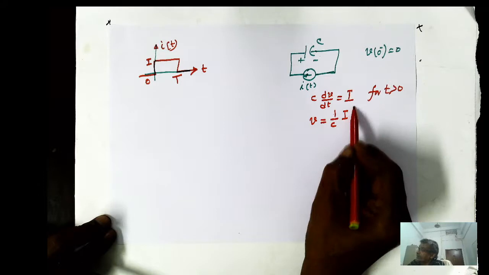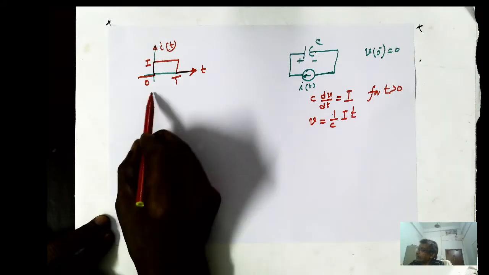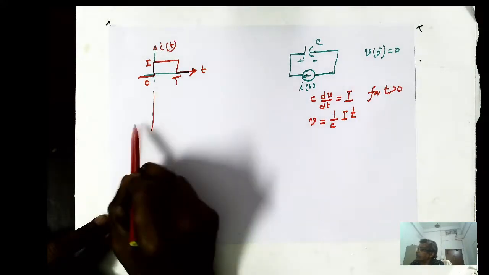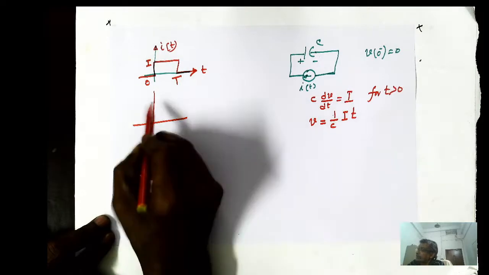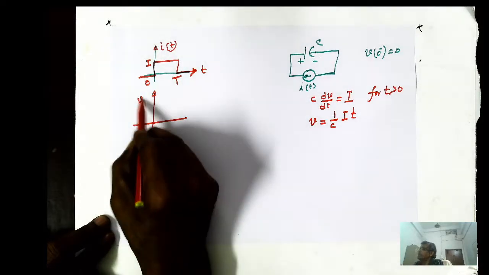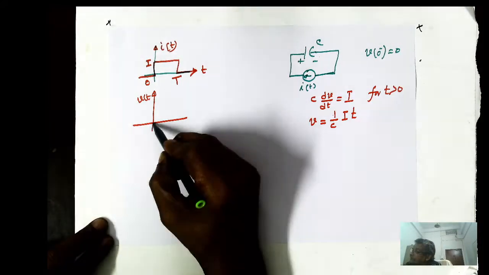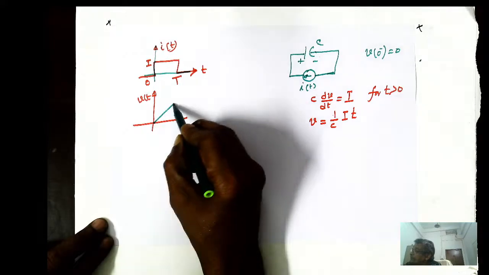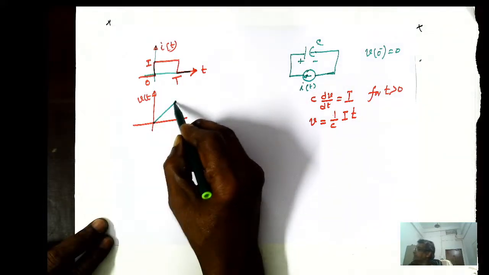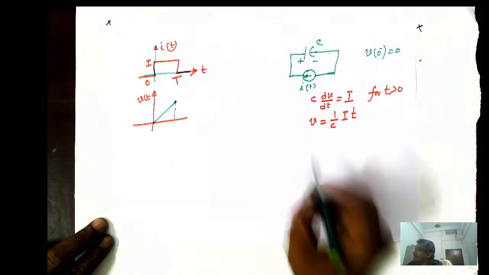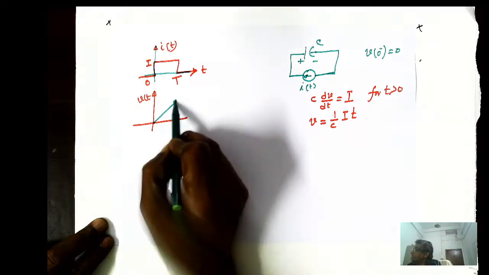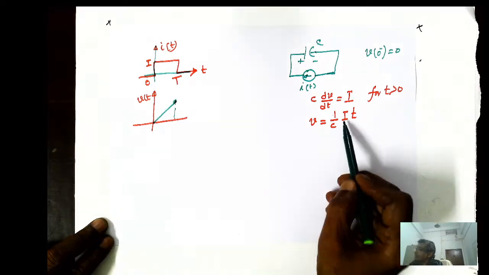So the voltage across the plate of the capacitor v(t) will be linearly increasing up to a certain voltage at time T. That is, this final value of the voltage is 1 over C into I into capital T.